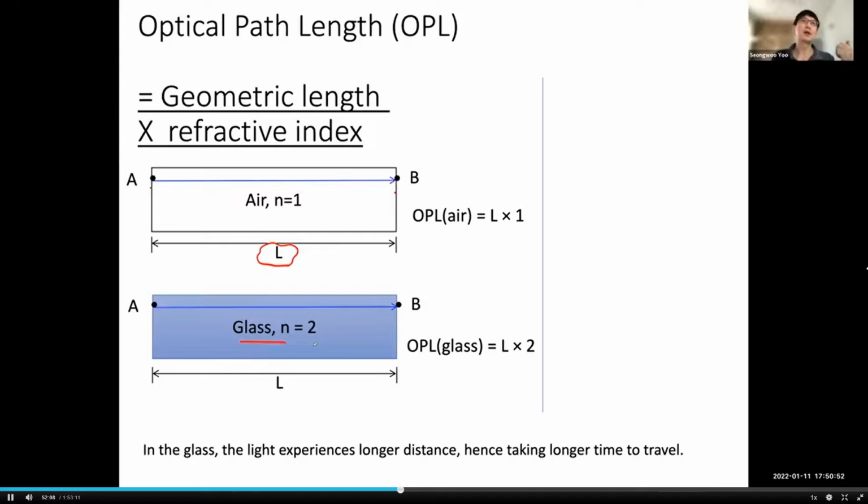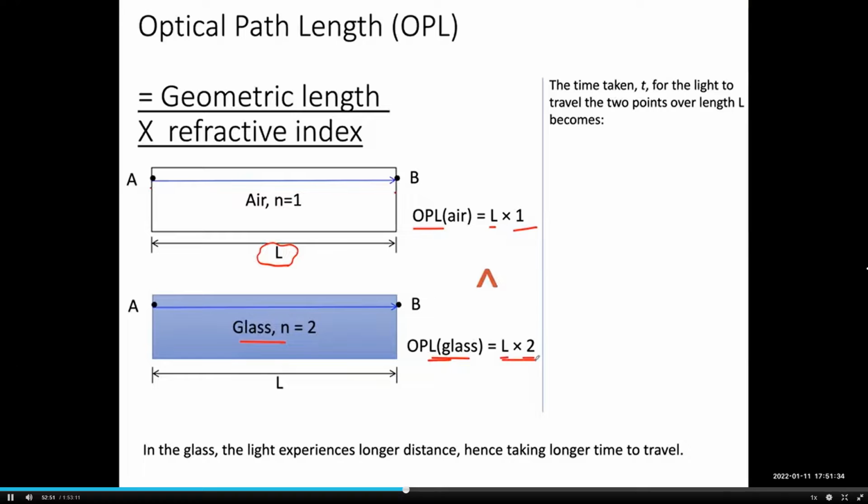And then, according to our definition of the optical path length, you can determine those. So for the air, the optical path length is going to be the geometric length L times its refractive index of 1. Okay, and then the optical path length in a glass is going to be the geometric length times its refractive index. And as you can easily see, the optical path length in the glass is doubled. Yeah, it's much longer than the air because the index is higher in the glass. The light travels a longer distance in the glass.